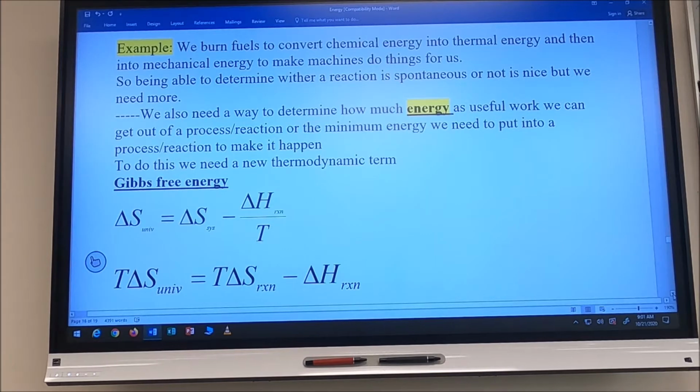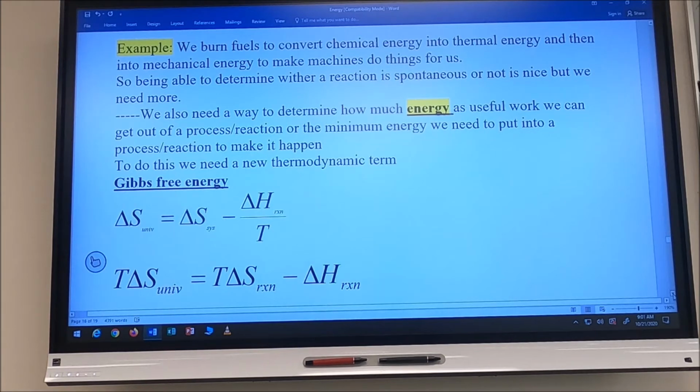Okay? Now, an example of using a spontaneous reaction to make something else happen, think about burning fuels. Gasoline converts chemical energy spontaneously into thermal energy. And then that thermal energy of expanding gases is converted into mechanical energy, which makes a machine move. Your car is not going to go anywhere if there is no fuel combusting in the engine.